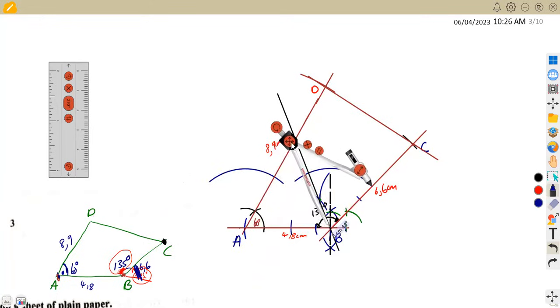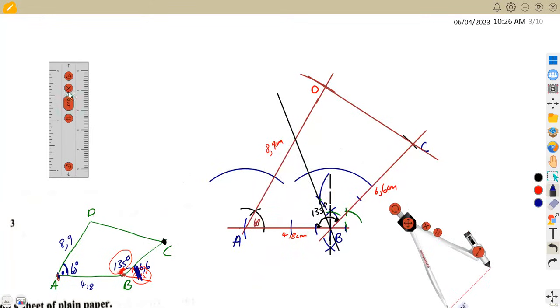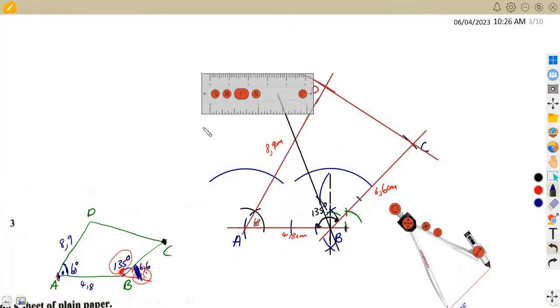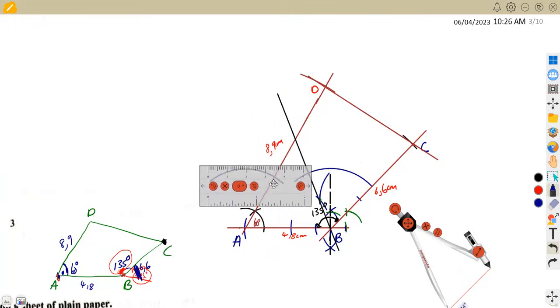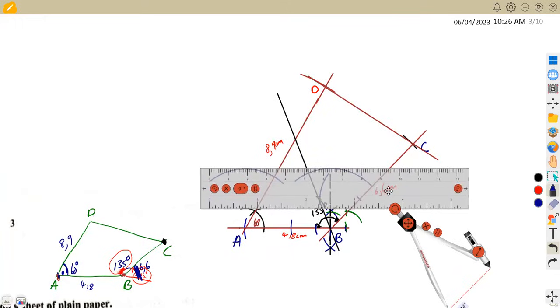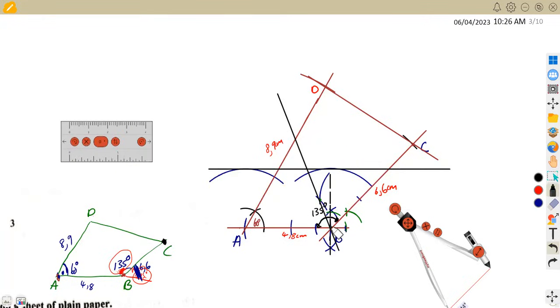All right. So what you're going to do from these arcs, you join them on the top part, so you can extend and join the top part of your arcs like this. So this is going to be 3 centimeters. This line that we are drawing here is going to be 3 centimeters from AB.